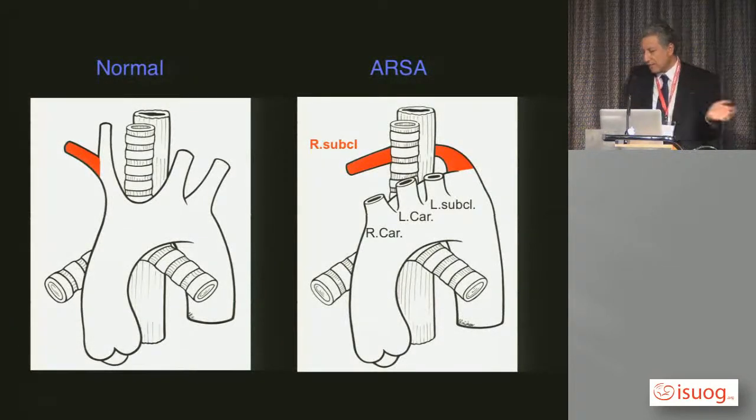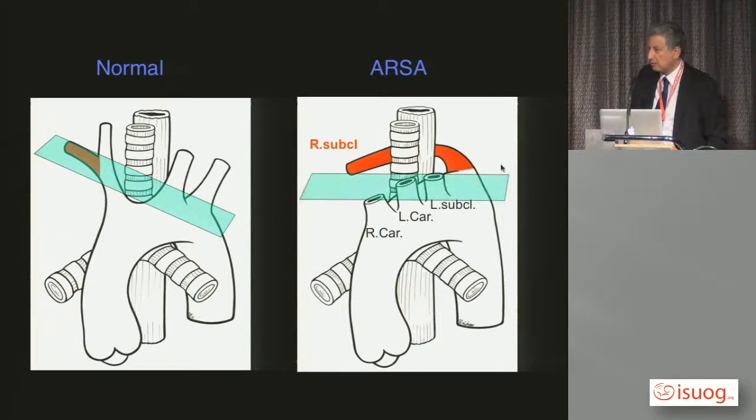I took every other plane away in order to make it simple, and the message was, once you look at the 3-vessel view, go a little bit higher to recognize the normal subclavian, and otherwise, if you don't see it, go for the 3-vessel trachea view and get the color down in order to see behind the trachea how the course can be.